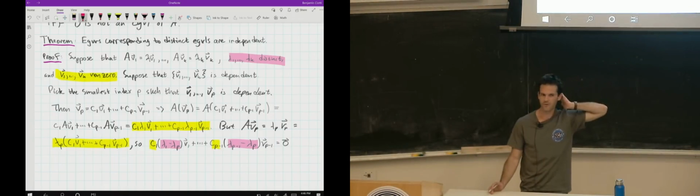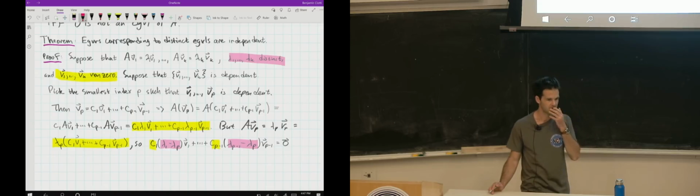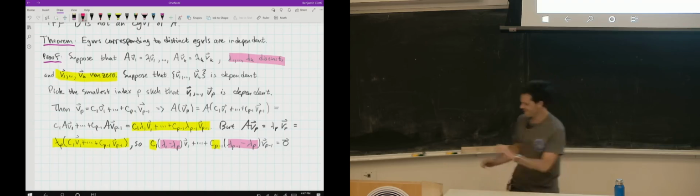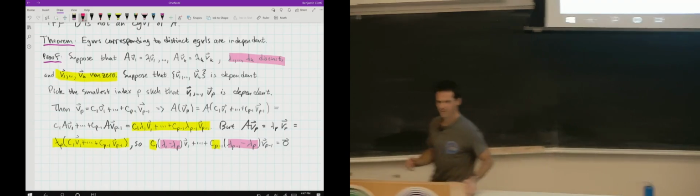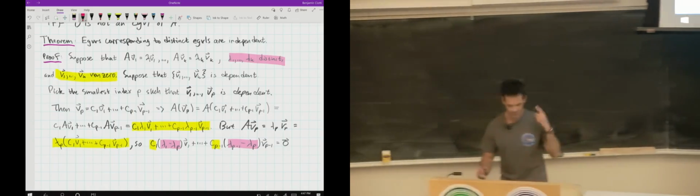What part of the proof did I just contradict? Nice, Rahul got it.